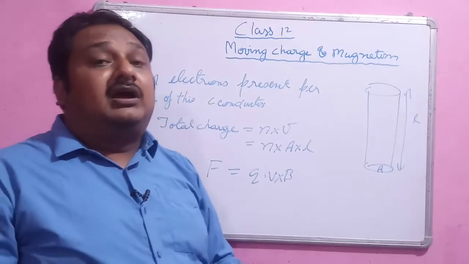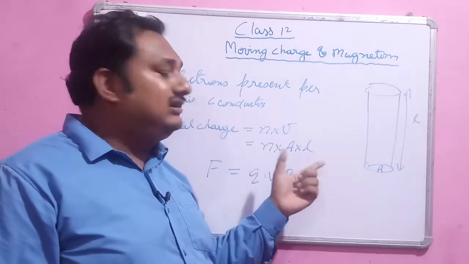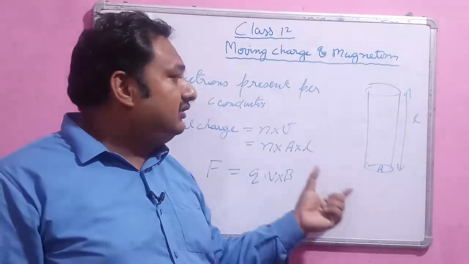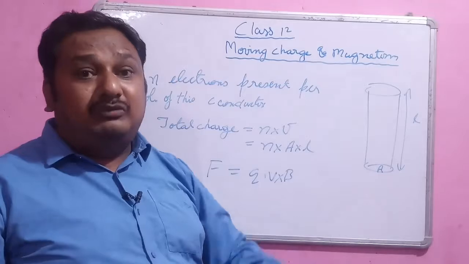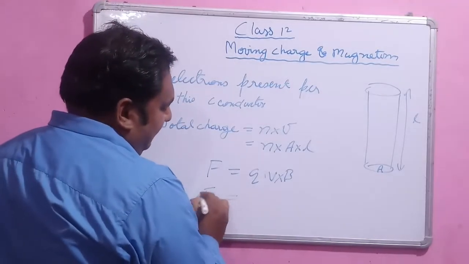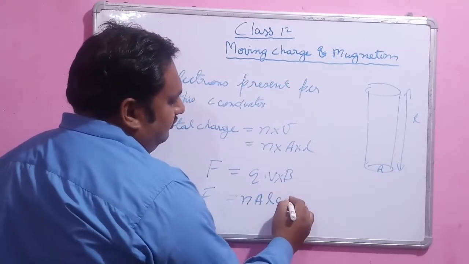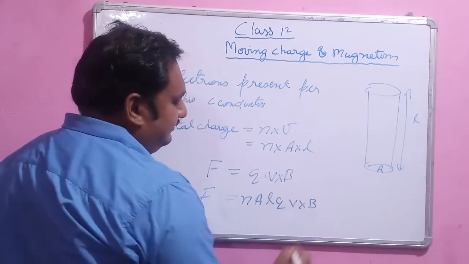In the total volume there is nAL charge, so the force will be F equal to nAL into q v cross B.